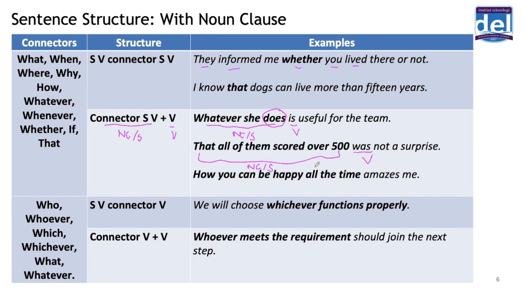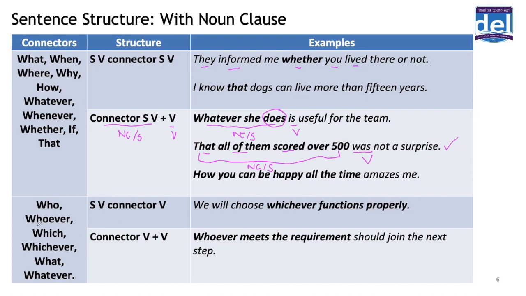For example, the sentence: That all of them scored over 500 was not a surprise. It might sound unusual in our language, but there is a sentence like this, yeah? So you gotta be aware. So this whole clause is the subject of the sentence and was is the main verb or be verb. And the sentence is complete and correct.